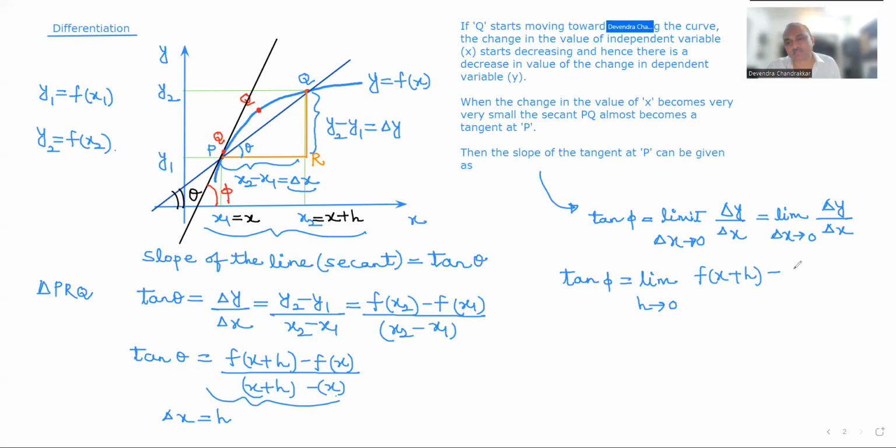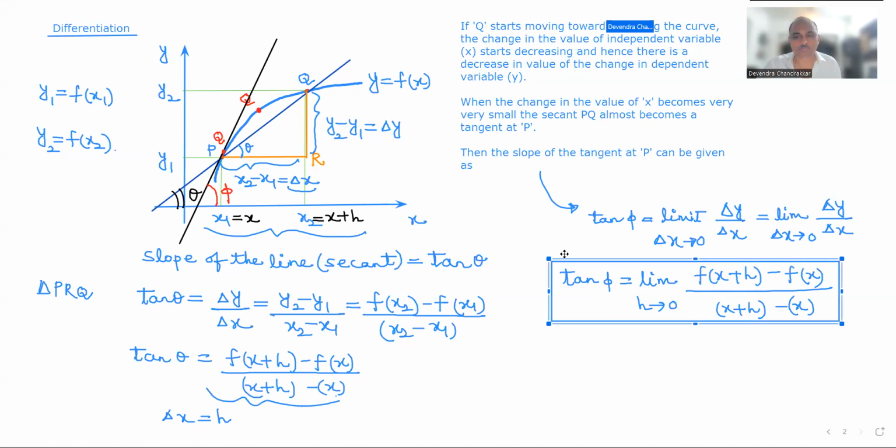F of x plus h minus f of x upon x plus h minus x. Clear hai sabko? Yes, sir. This is called as first principle of differentiation or first rule of differentiation.